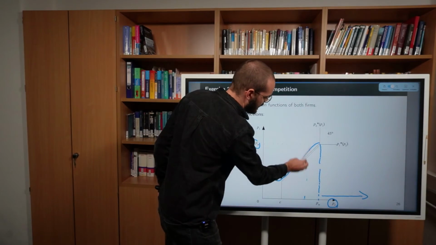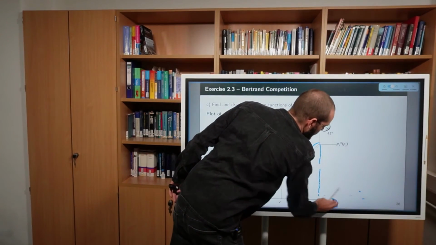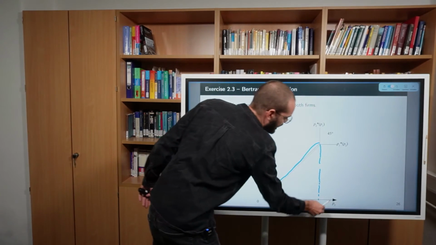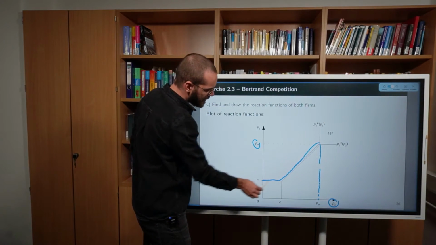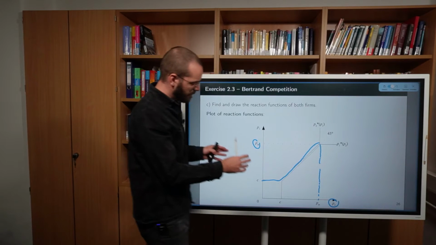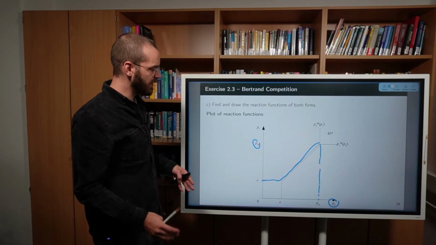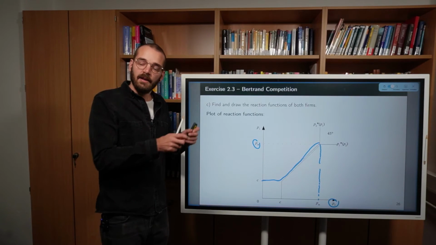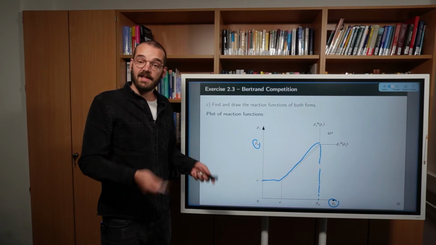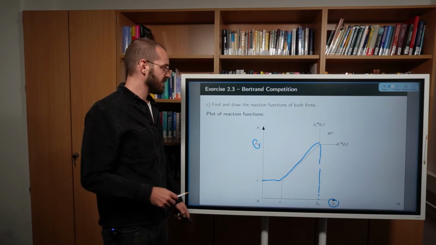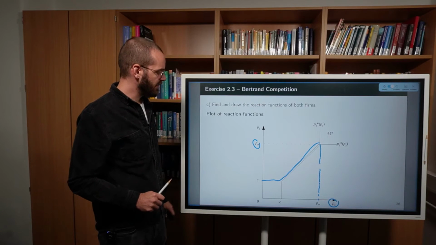That's the intermediate interval. Now finally, let's have a look at the lowest, or the last interval of feasible prices of P2, the last interval left for the stepwise defined reaction function.